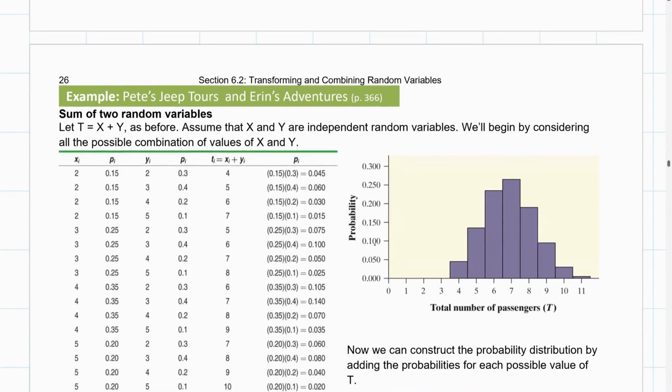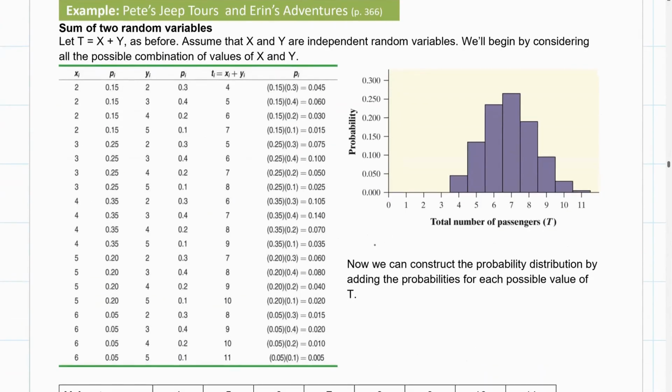Well, let's take a look at what happens if we assume that independence. If we assume that independence, we get this really long table. Let me see if I can talk you through this table. Here's a value that Pete has, a number of customers that Pete has on some random day. And here's an Aaron value. And each of those have their probabilities.